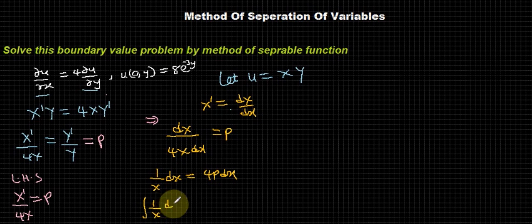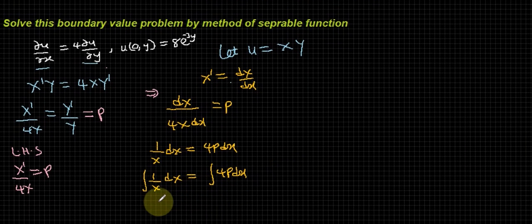The integral of 1 over X is ln X, equal to the integral of 4p dx, which is 4px plus a constant c.